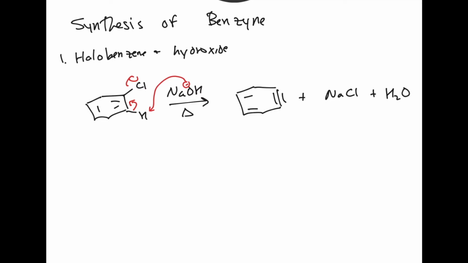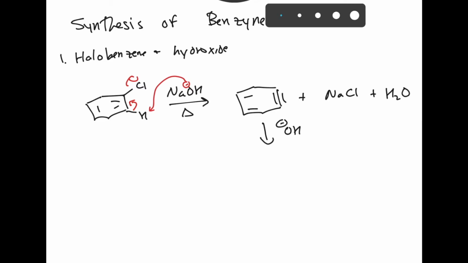Now this benzyne I'm not going to be able to isolate it. It's going to react with whatever in solution. So there's a bunch of hydroxide in solution, right? I used a bunch of base to make the solution basic enough to remove the hydrogen. So what happens is this benzyne is going to react with the hydroxide.